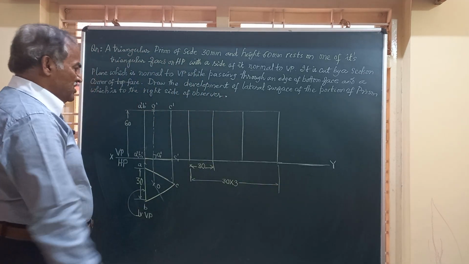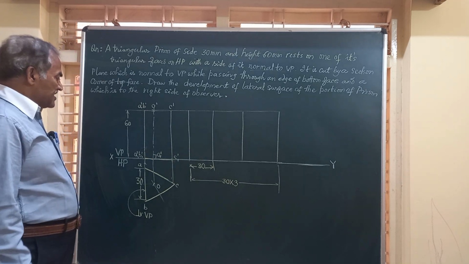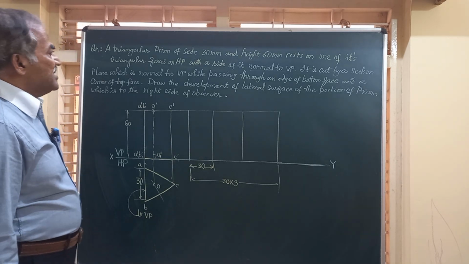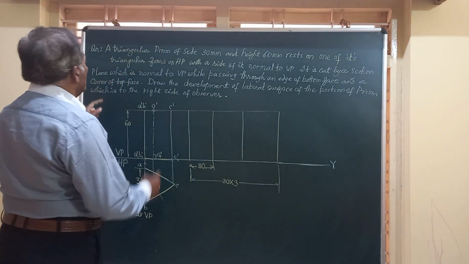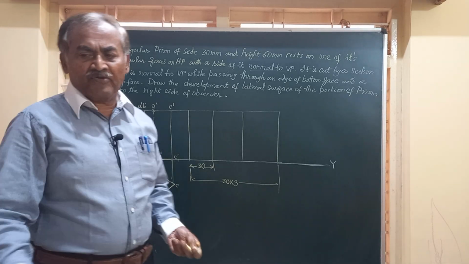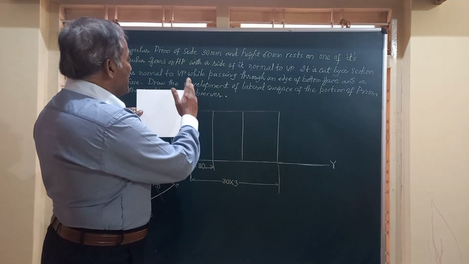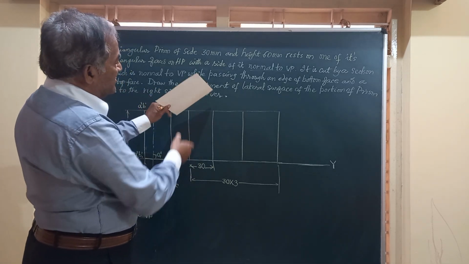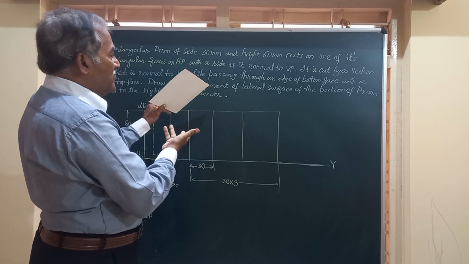Friends, we have got the development without the section plane. Now let us learn about the section. It is cut by a section plane which is normal to VP. Friends, whenever the section plane is normal to VP, like this, normal to VP, it will incline to HP obviously.